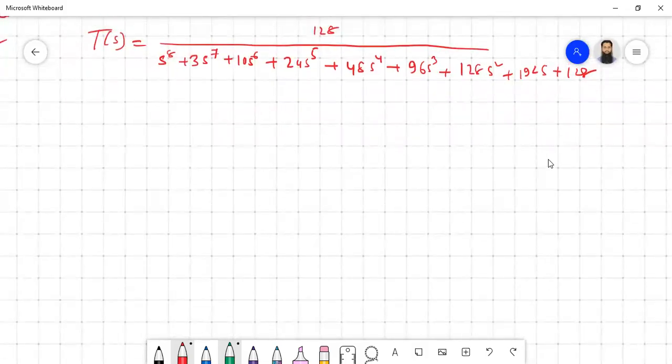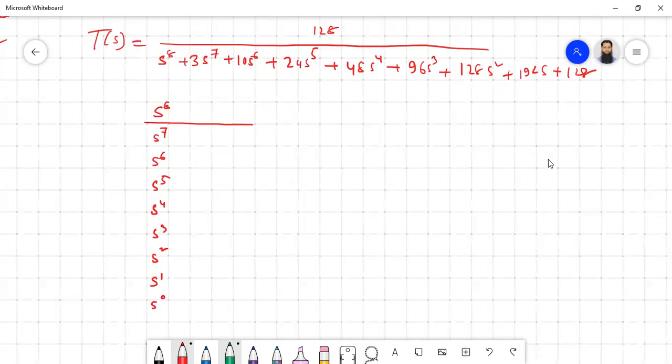So let us start the table. s to the power 8, s to the power 7, s to the power 6, s to the power 5, s to the power 4, s cube, s square, s to the power 1, s to the power 0.